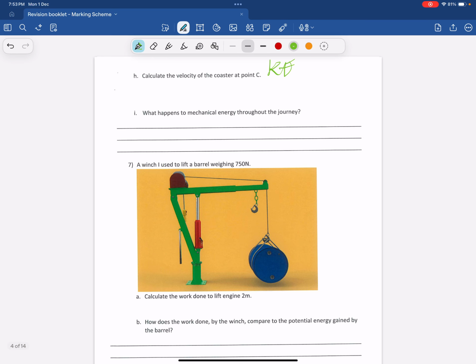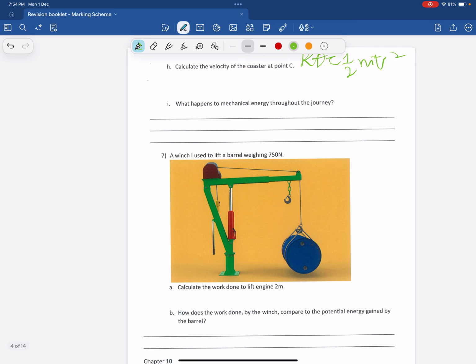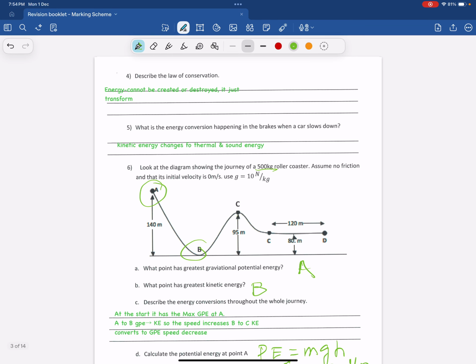Because the next question says at point C. Same thing, kinetic energy is equal to half mv squared. At point C, we have potential energy maximum, and kinetic energy is not there.